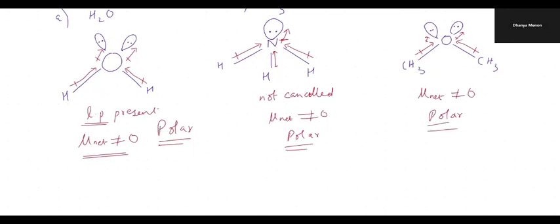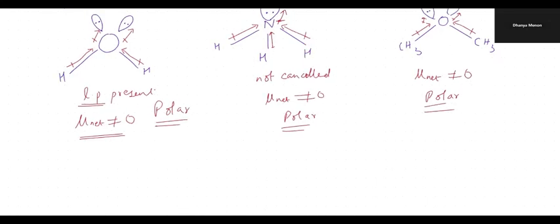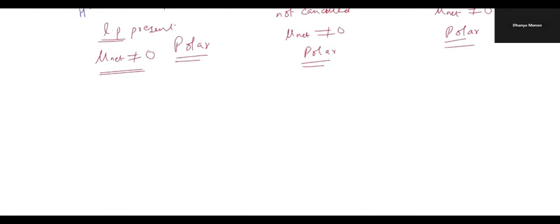Okay, now in case of an example we just saw before, sulfur dioxide. There is a lone pair, and we drew the dipoles here, mu and mu.